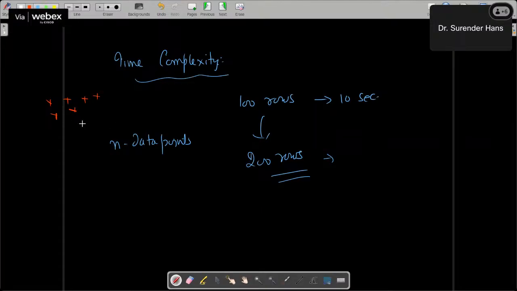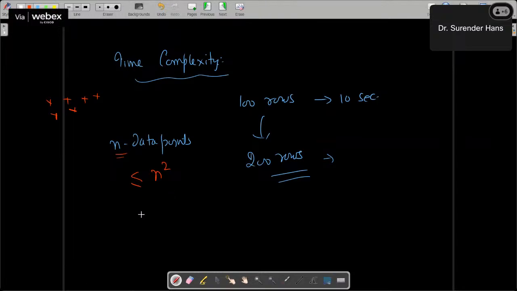Next time 5 data points will remain, in the third step 4 data points will remain, and likewise. So this is not exactly n square, but less than or equal to n square, and we are doing n times n square calculation.